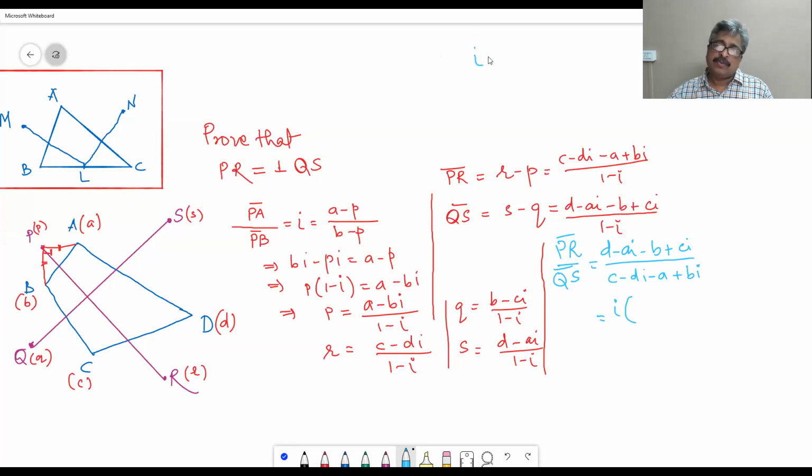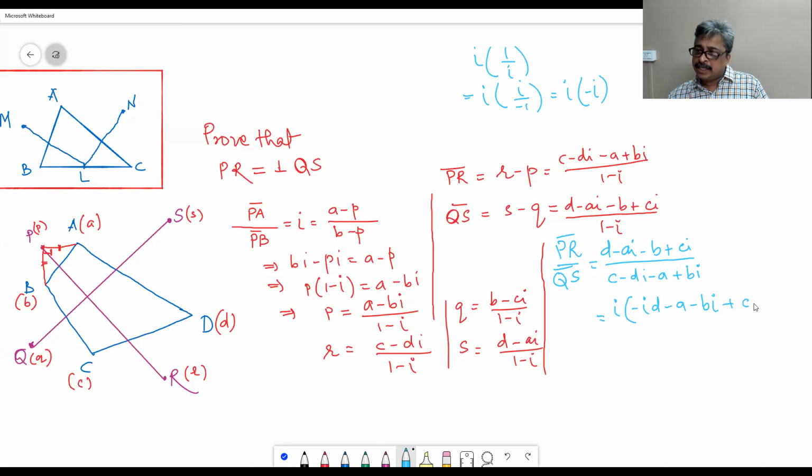Suppose we take out I common from 1, then what will remain inside? 1 upon I. Multiplying numerator and denominator by I, we get I inside the bracket, I upon minus 1, which is equal to I inside the bracket, minus I. So when you take I common from 1, you end up getting minus I times D. Here I is available, so minus A. Again here minus BI and plus BI, and so on, divided by C minus DI minus A plus BI, is equal to I, hence proved.